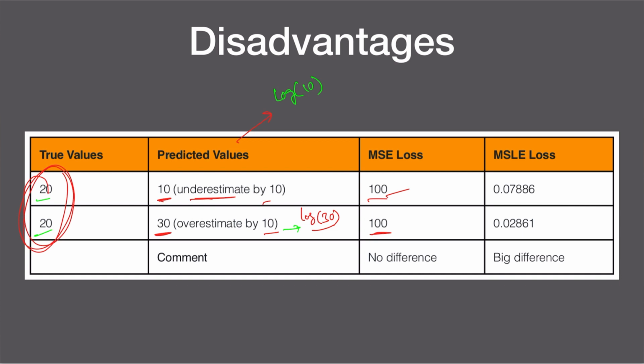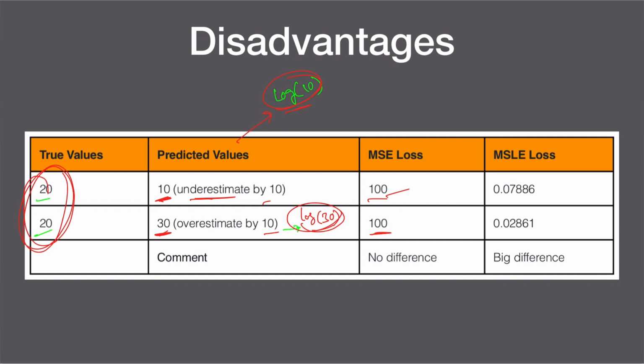But your predicted values here are 10 and 30. So before taking the error difference, you are applying the logarithm. So here you are taking log of 10 and you are taking log of 30. If you observe the graph of the logarithm, around the values 10 or 15, the curve is not yet flattened, right?